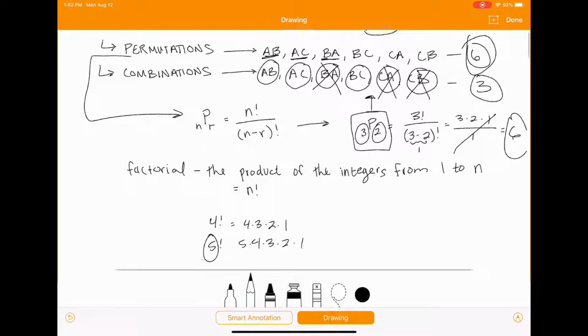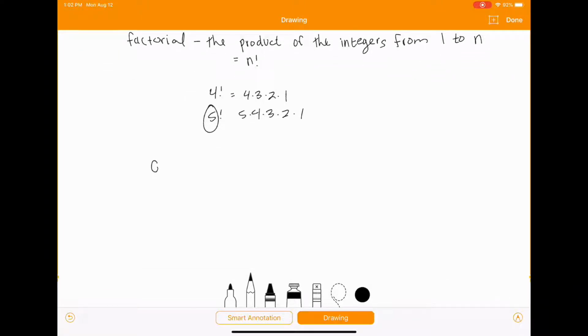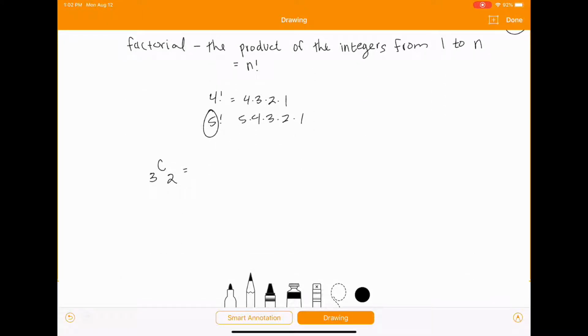So that matches up. Now, if we wanted to check our combinations for that same thing, combinations of 3 objects taken 2 at a time, the equation for that is going to be the permutations all over r factorial.